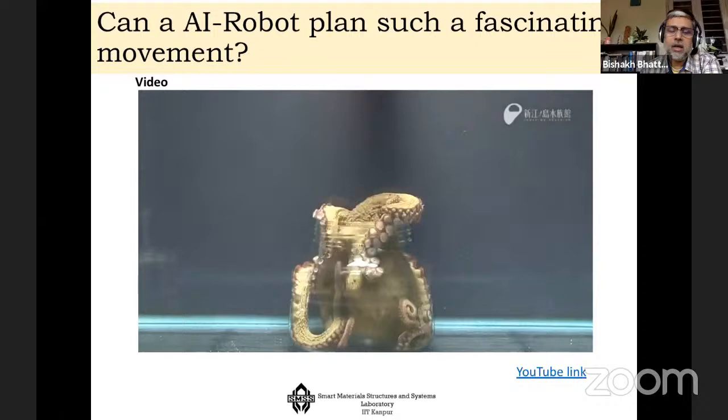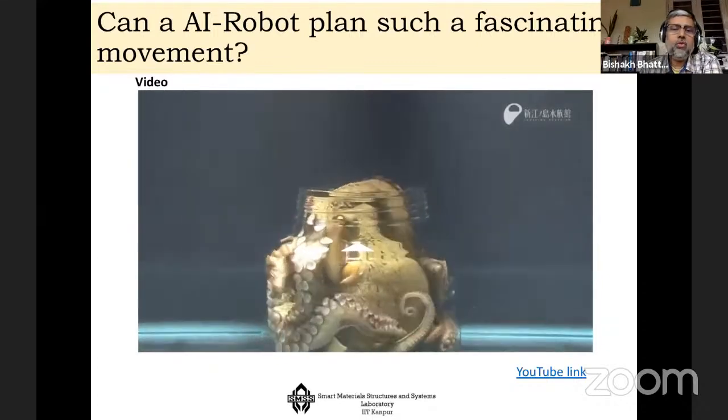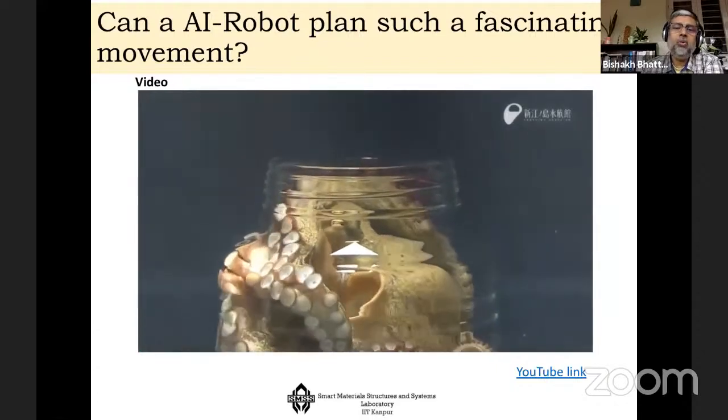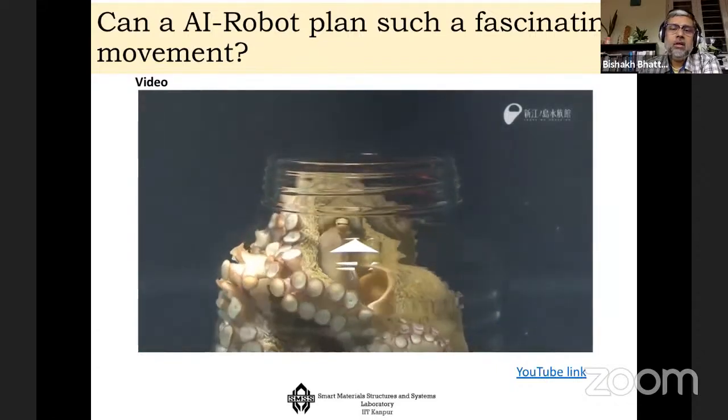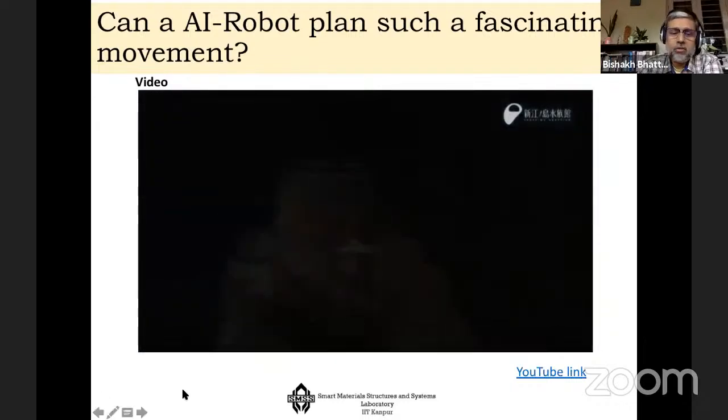Now that is something unbelievable, and so far there is no robotic system which can actually simulate or emulate this type of behavior of an octopus.